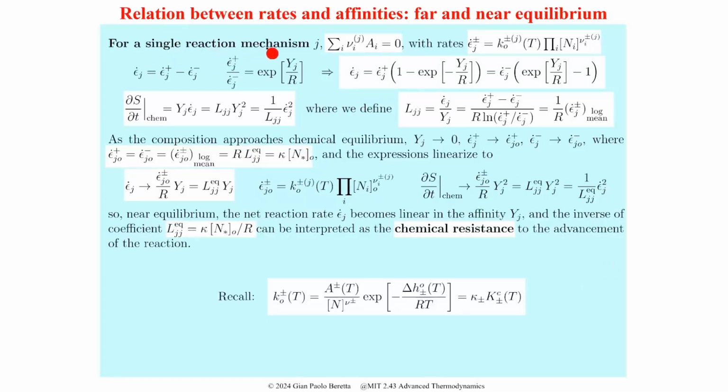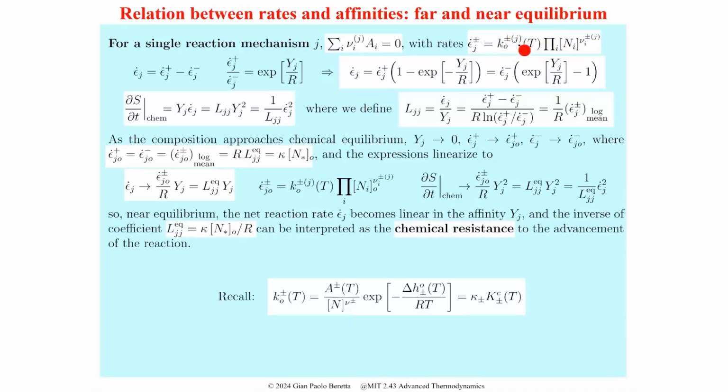So consider a single chemical reaction mechanism, which we have learned to represent by this equation here, stoichiometric coefficients and the symbols of the chemical compounds. And this is the way we have written the reaction rates, or more precisely, the rates of change of the reaction coordinates. And just as a reminder, these are the concentrations, stoichiometric coefficients of the forward and the backward half reactions.